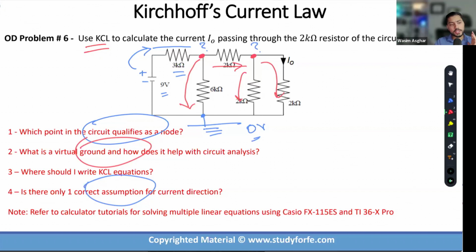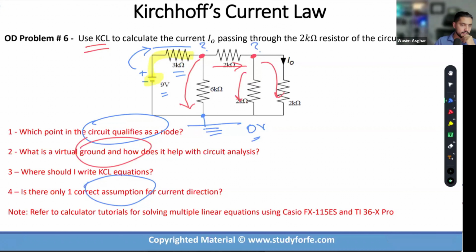Now, this is not the only current direction that you can assume. I invite you to go through another attempt of this circuit by reversing all of these directions, and I can guarantee you that your final answer, when adjusted for direction, will be exactly the same as mine. But intuitively, this makes a lot of sense. Agreed? Any questions, any concerns about this?